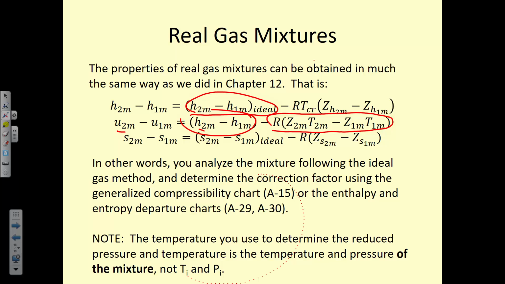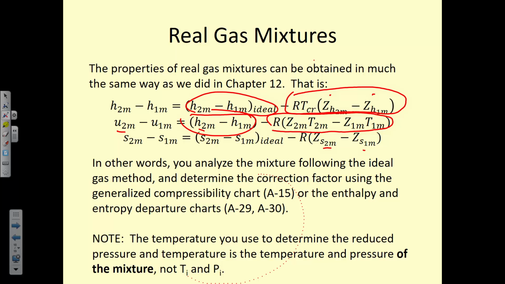And then if we're looking at tables A29 and A30, we find these Z correction factors for entropy and enthalpy as well. Okay, so we find, again, the ideal case, and then we use the correction factors to find our actual case.